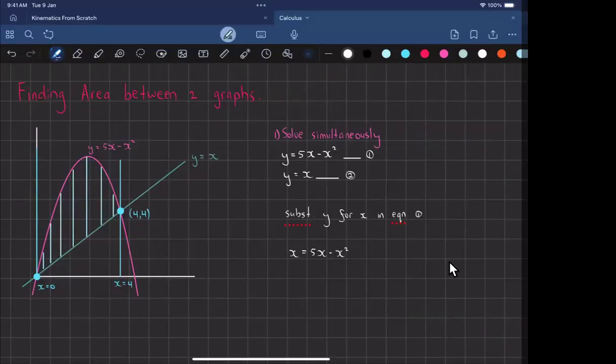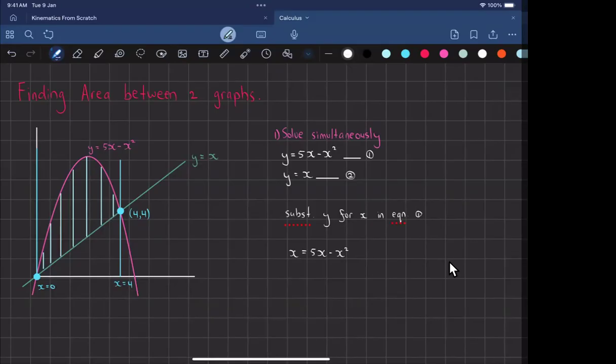x is equal to 5x minus x squared. What is that?